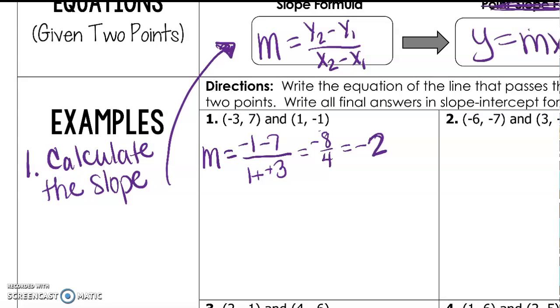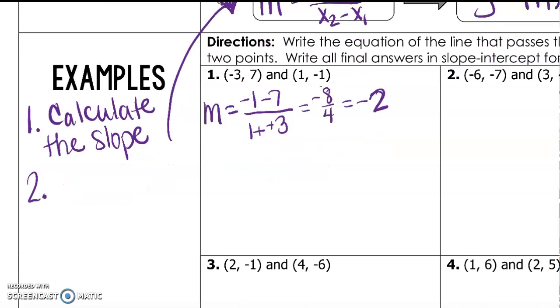After this point, it is exactly the same as what we did on pages 415 and 416. We now know the slope, and we know not 1, but 2 ordered pairs. So you will just pick an ordered pair and repeat the process that we did in our last set of notes.